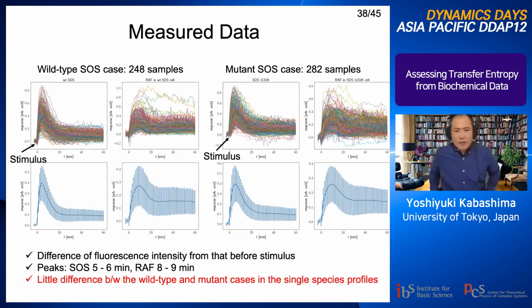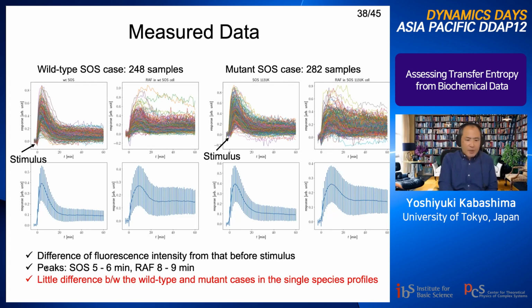So this is the raw, measured data. This is the wild type Src case, and this is the mutant Src case. These activities are the difference of fluorescence intensity from that before stimulus.